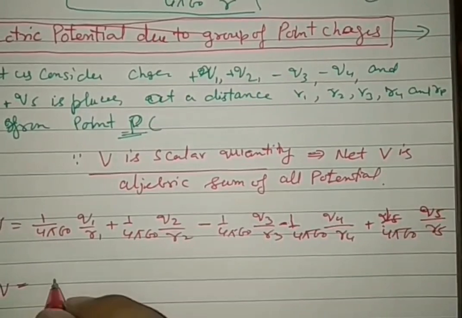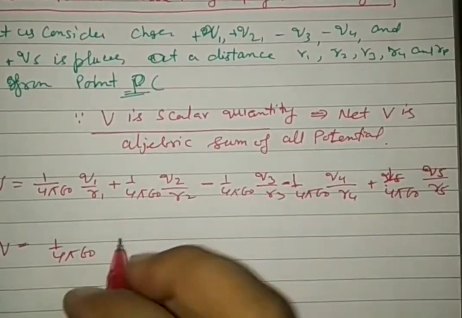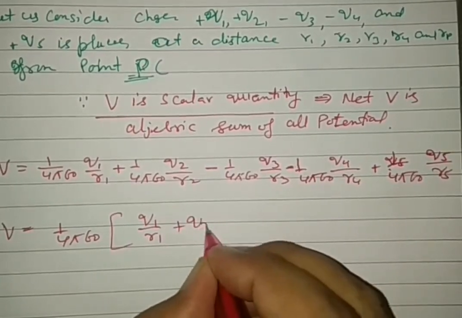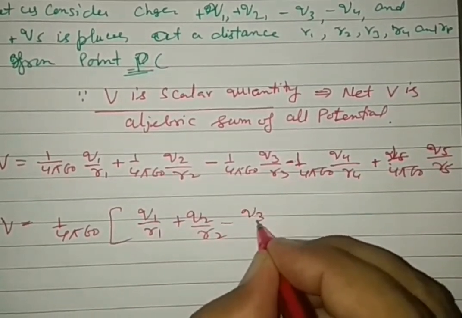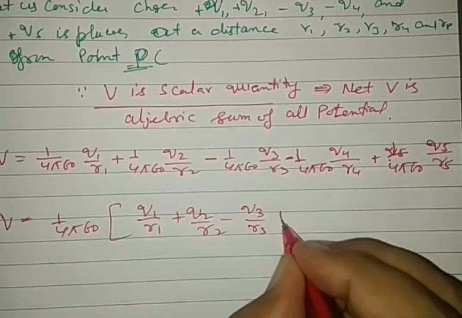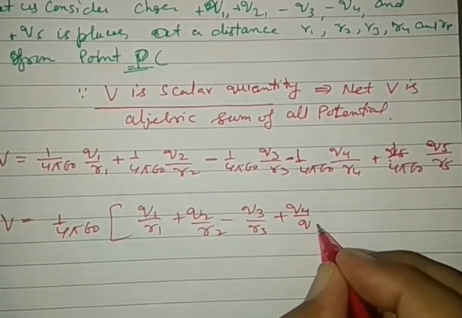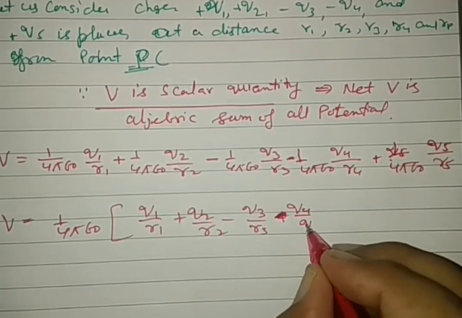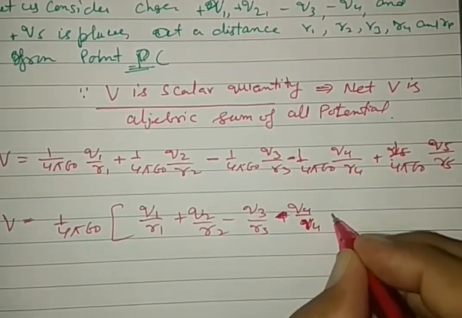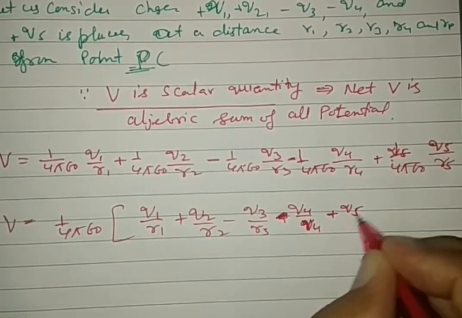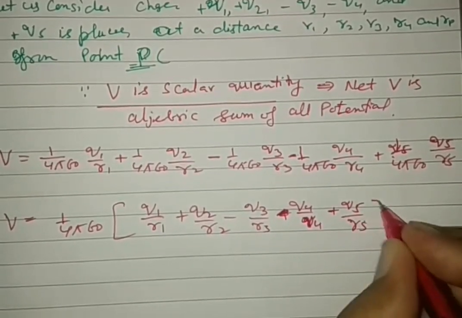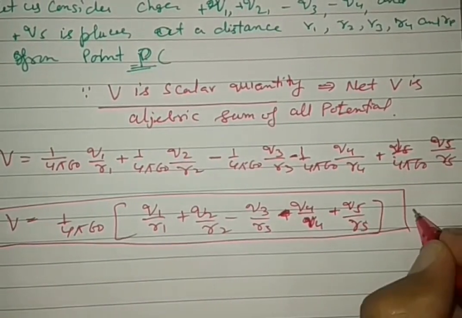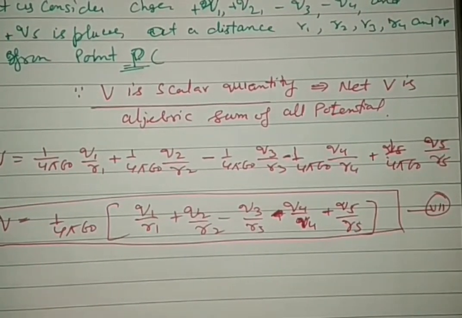Now 1 upon 4 pi epsilon 0 is common, so in a bracket: Q1 by R1 plus Q2 by R2 minus Q3 by R3 minus Q4 by R4, and the last one taken positive, Q5 by R5. This is the formula to calculate the net potential, given by equation 7.